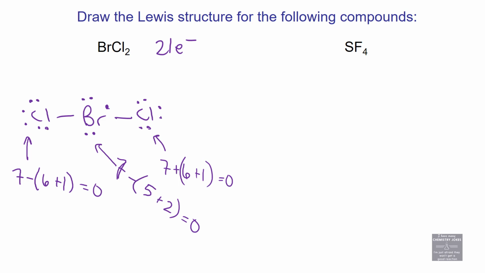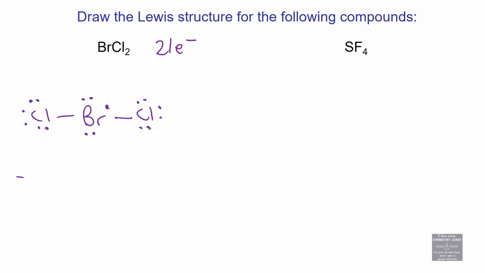Nope. This is the Lewis structure of BrCl2. It's a radical. There's an unshared electron around that bromine. I probably should draw it at a slightly different bond angle so that it's a little more obvious what's what. There's maybe a little better structure.